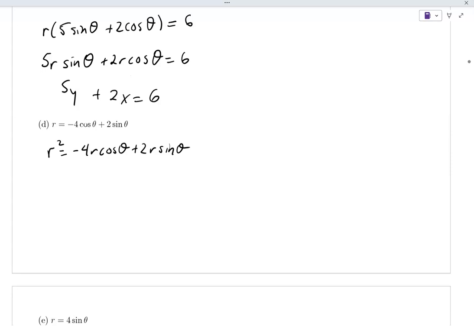What can we plug in for r squared? X squared plus y squared, good. And then what goes in for r cosine theta? X. And what goes in for r sine theta? Y, good. So we get x squared plus y squared equals negative 4x plus 2y.